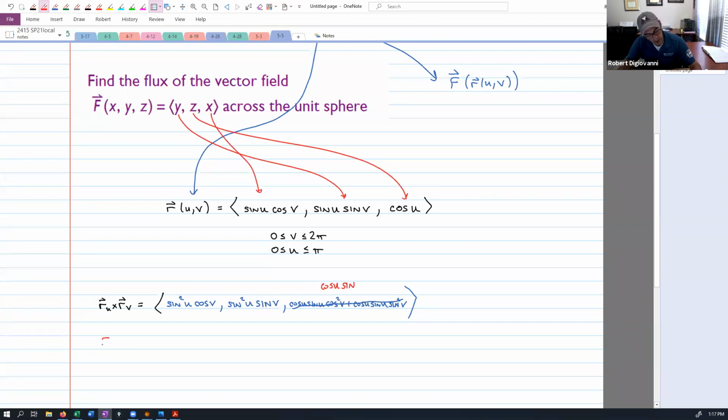So let me write down what that is. F evaluated along the surface should be the y, which is sine u sine v, the z, which is cosine u, and then the x, which is sine u cosine v.